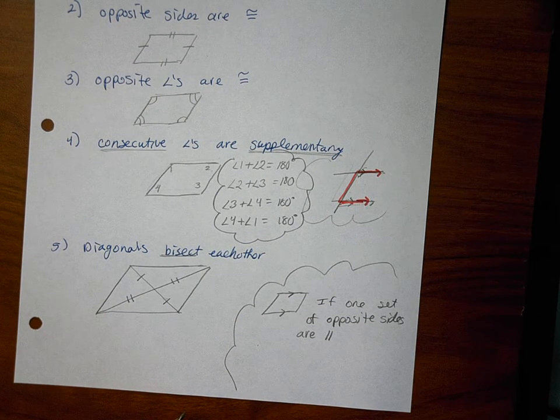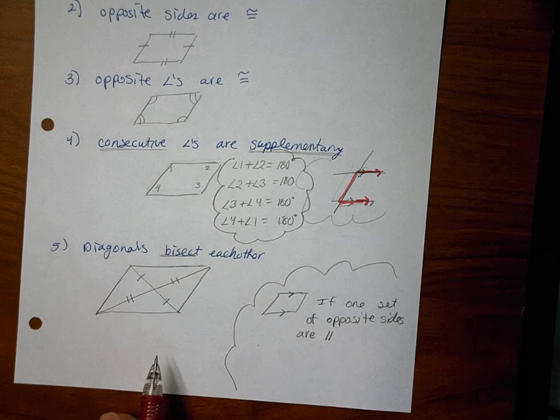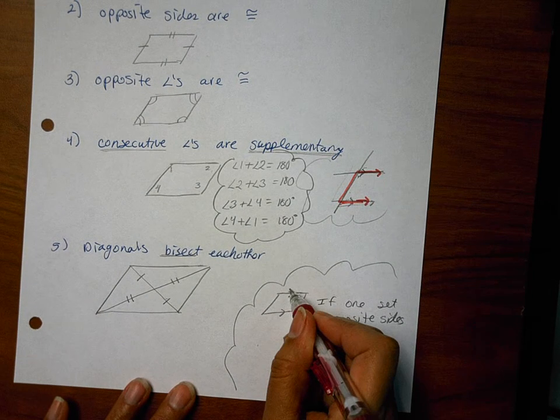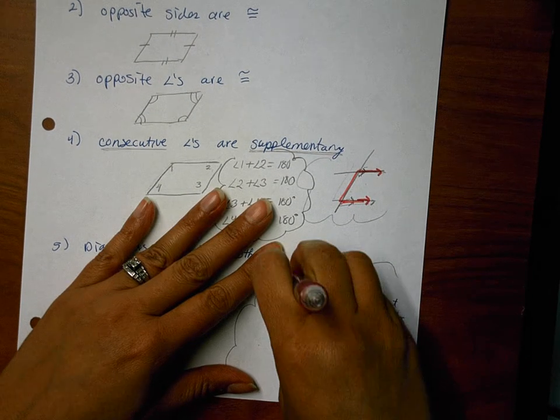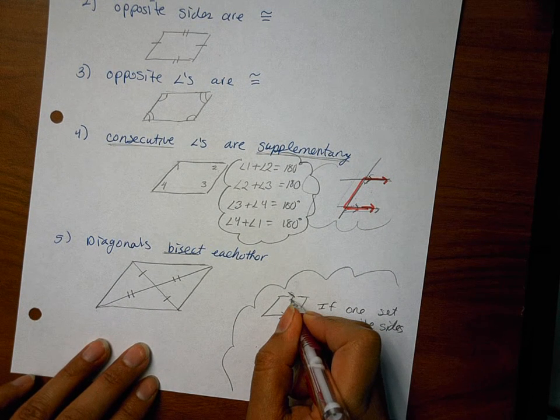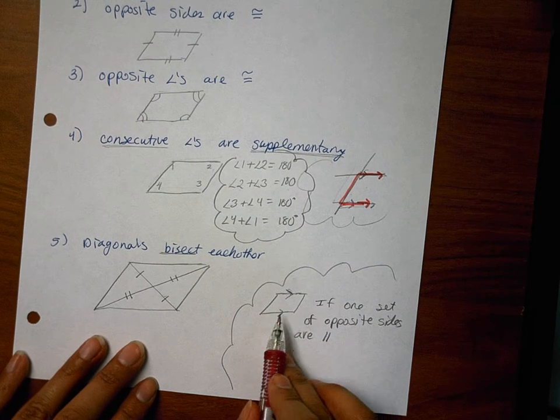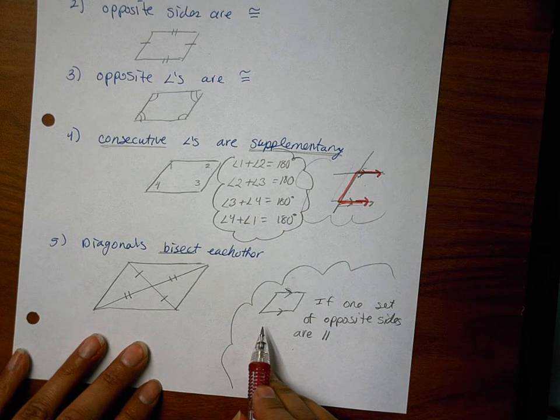I'm going to give you more information, but not anything about this side. So if I just stopped here and just said that set right there is parallel, is that enough to say it's a parallelogram? No, because by definition, both sets have to be parallel. So saying just one set is not enough.